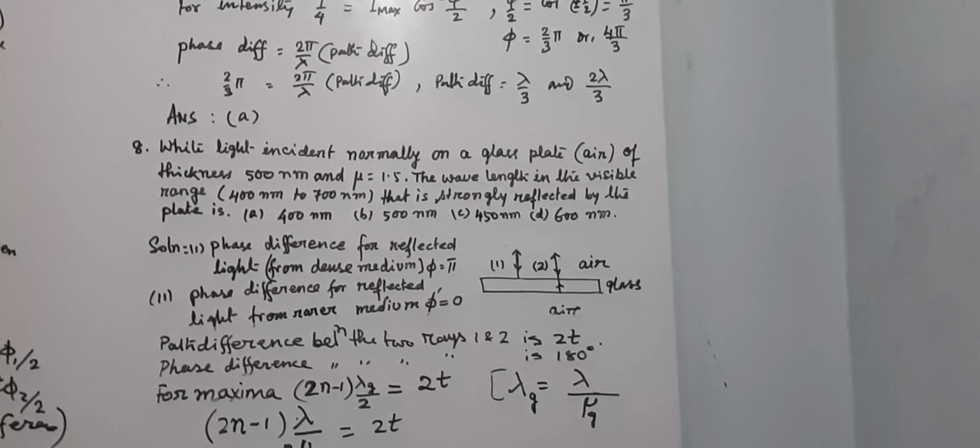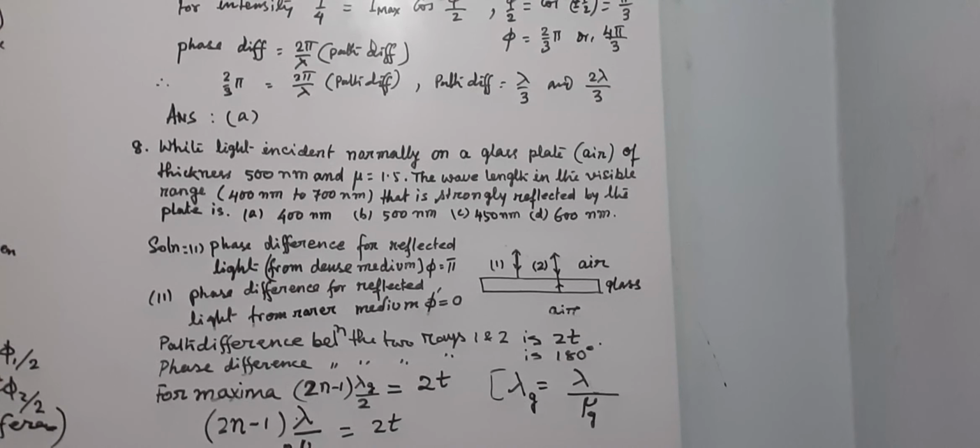When we substitute lambda here, we use lambda g equal to lambda by mu g. Substituting this, we get 2n minus 1 into lambda by 2 equal to 2 mu glass into t.